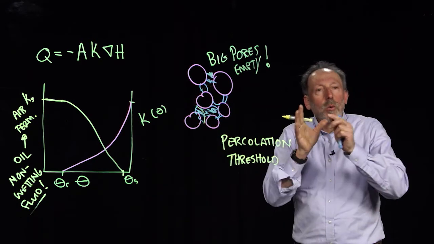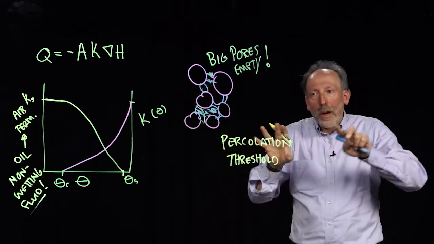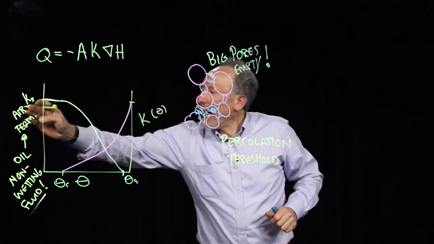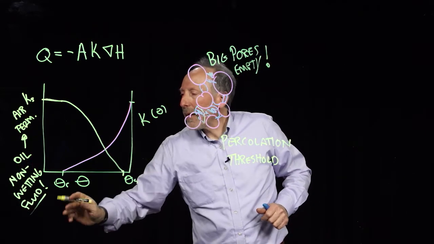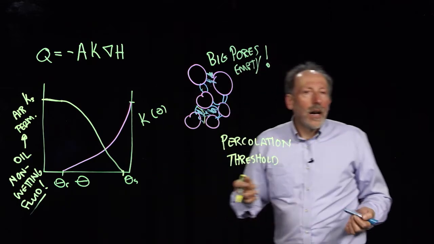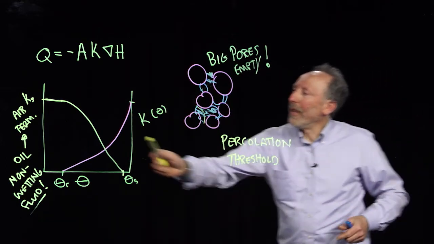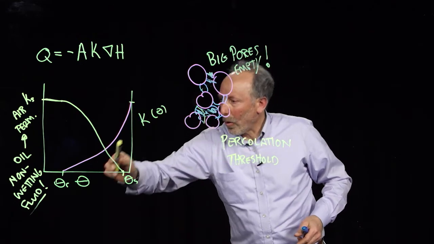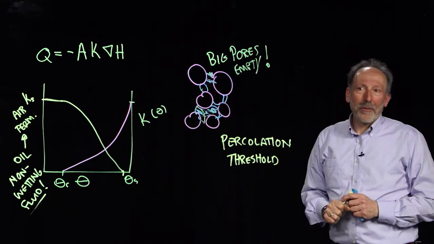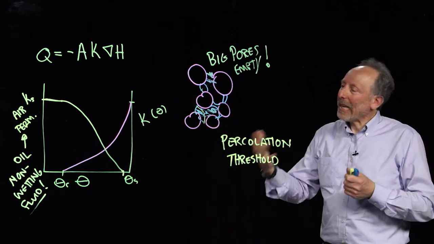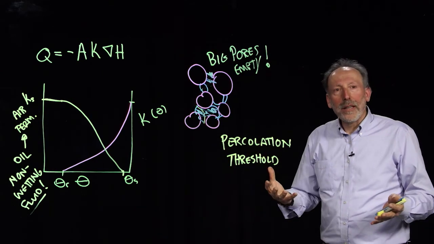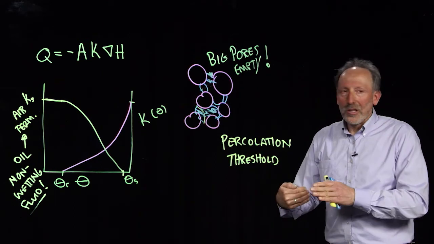The oils will ride on top of the water and won't wet the particles. So air permeability and other non-wetting fluids like oils, gasoline, other contaminants will follow this permeability curve rather than the water. A wetting fluid follows that one. And that's how we think about the relative permeability of different fluids in soils.